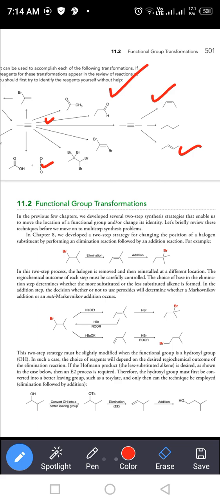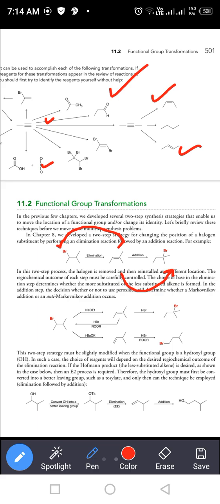So whenever we want to carry out a reaction of an alkyl halide to a substituted alkene, or we want to get a Zaitsev product, then we have to keep in mind the reagents for a Zaitsev product. When this substituted alkene is formed, then again this substituted alkene changes into alkyl halide. Again we have to add bromine on the carbon which has substituents, meaning the negative part of the halogen adds on the carbon having fewer hydrogens.